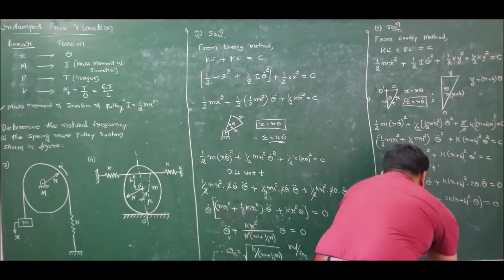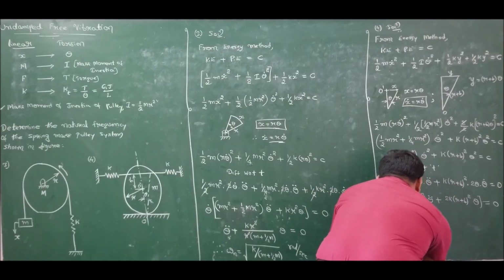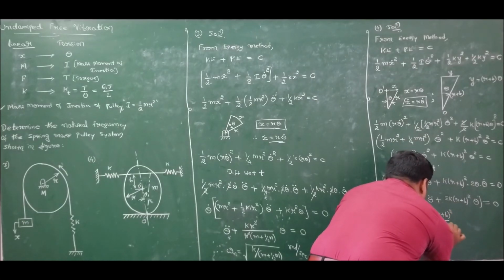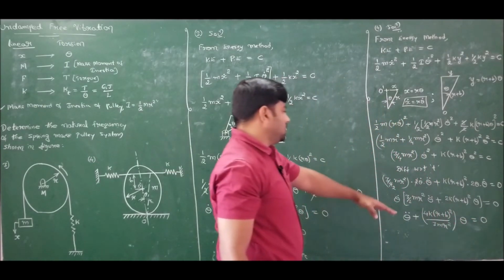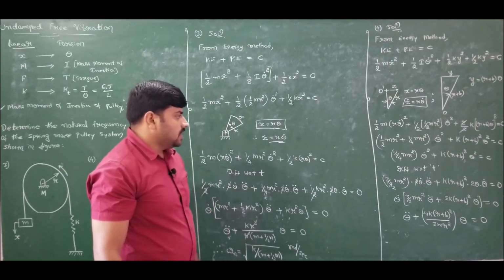So if I divide this by 3 by 2 m r square, I will get theta double dot plus 4k (r plus b) whole square by 3 m r square times theta is equal to 0. So this is the standard form which we got.